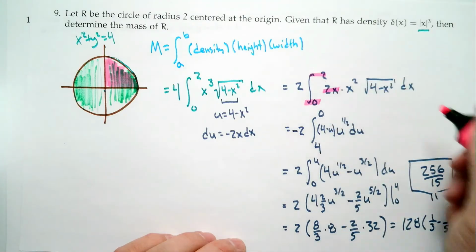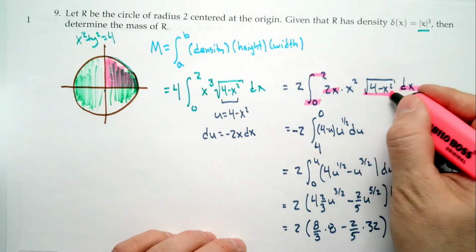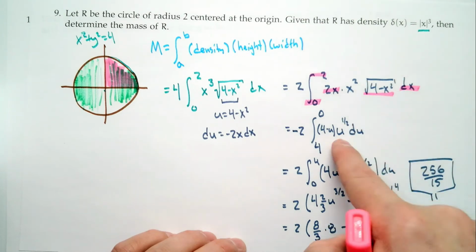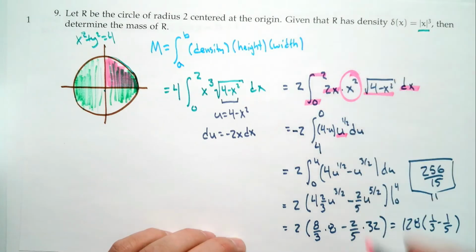There's this 2x in the dx. That became part of the du. There's the square root of 4 minus x squared. That became the square root of u. Then there was this piece. We have to change it. It must change, because you can't mix x's and u's. Everything has to convert over.